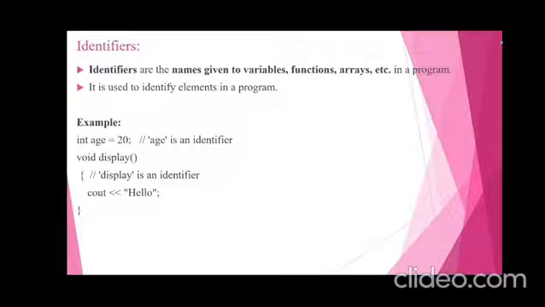For example, in the statement int age = 20, the name age is an identifier used for a variable. Similarly, in the function void display, the name display is an identifier used for a function. So this example shows how identifiers are used to name and access different components of a program, making the code more understandable and organized.